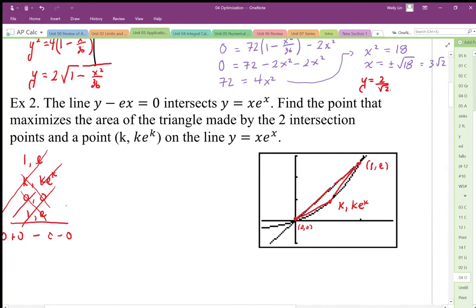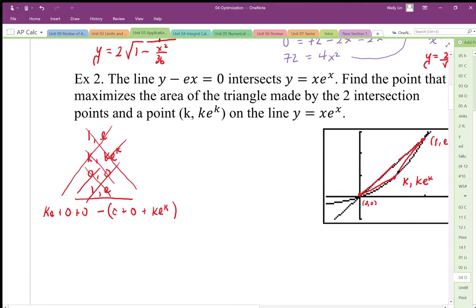So this diagonal cross product is plus e, that's right, k e to the k. Okay, so we're going to subtract all that from that first one, and then divide by 2. So the area of the triangle is going to look like this. This represents the area of my triangle.